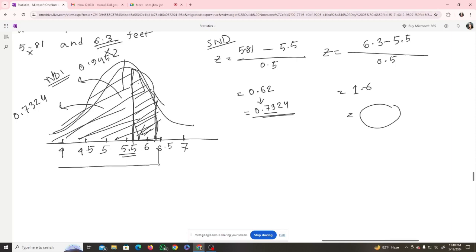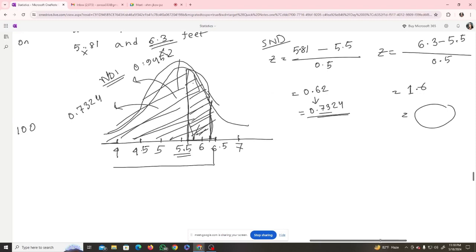Sorry for the messy handwriting. Now, if we just subtract these values, these are the areas, right? Aren't we able to get this value?